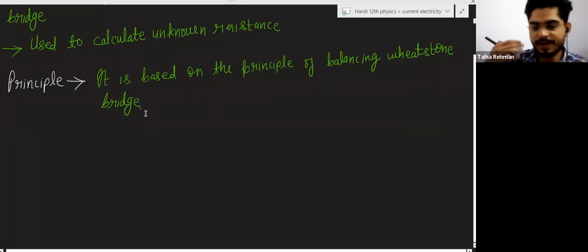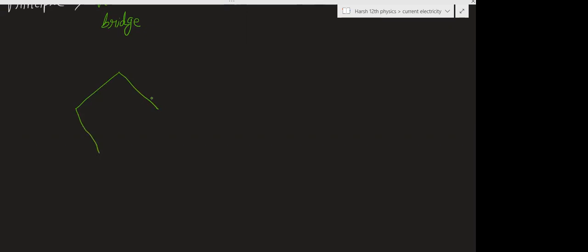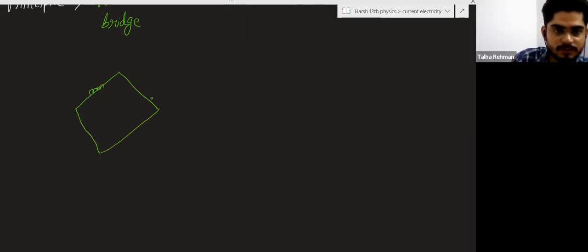Already discussed many times what the balancing condition is. Again discussing: R1 by R2 is equal to R3 by R4. This is R1, this is R2, this is R3, this is R4, and here I have connected a galvanometer.